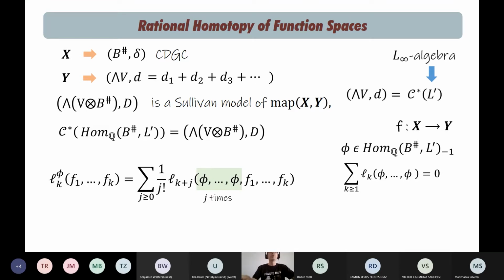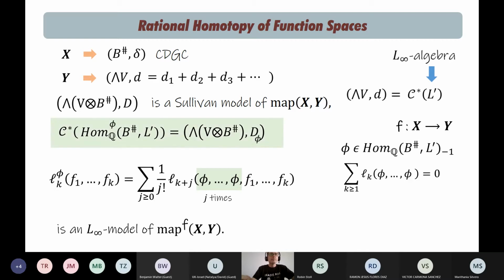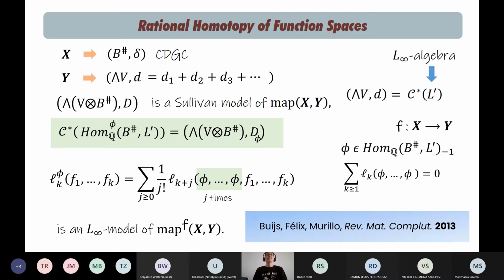And with this perturbed differential and higher brackets, this is an L-infinity algebra, which is a model of the component of the mapping space. Simply, not only the differential but also the higher brackets are perturbed with this formula. Okay, this is how L-infinity algebras naturally arise when one studies mapping spaces.